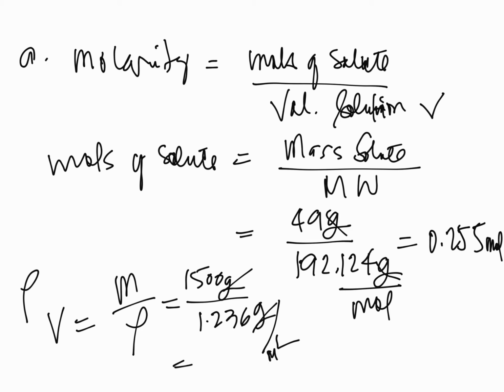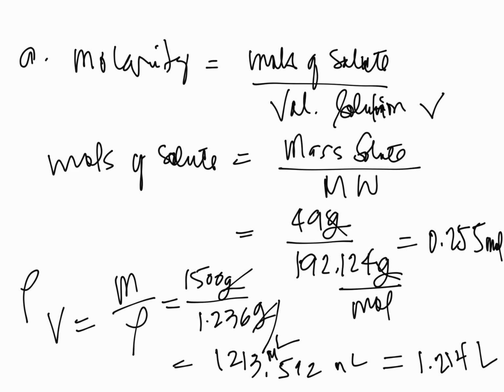Cancel the grams, and you get ml of the solution, and that will be 1,213.592 ml. If you convert it into liters, you just divide by 1,000, so it becomes 1.2136 or 1.214 liters.